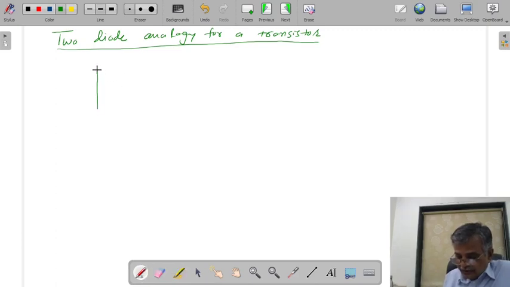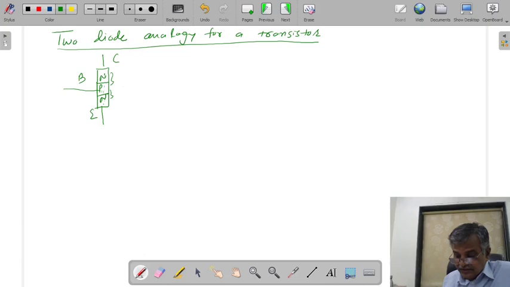See, this is your NPN transistor. In this transistor, you can see there are two junctions: collector, base, emitter. This is one PN junction, another PN junction.